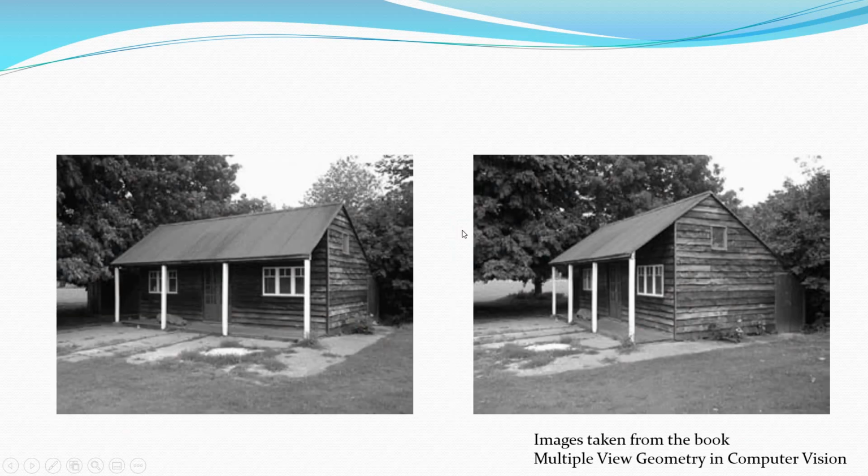But now for an epipolar case, this is some kind of an image that you can get. These are two views of the same house. Consider any point here, say this window point; it may not be in the same row. I have taken a row on this image, but this row actually corresponds to another line in the other image.